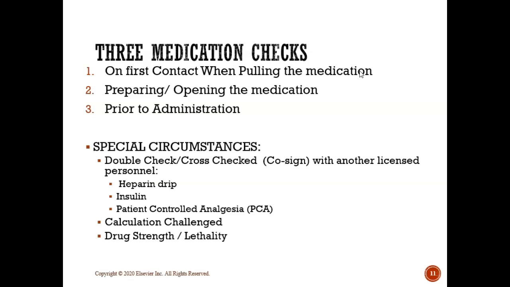An example would be your heparin drip. Before you do anything with dose changes or even hanging a new bag, you need to get another nurse. So in addition to your 3 checks, you get another nurse to check it again with you before you even administer, spike, or change that rate.